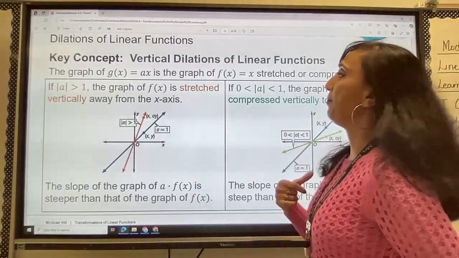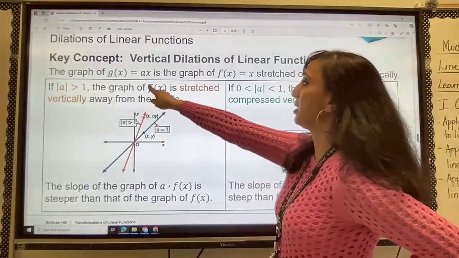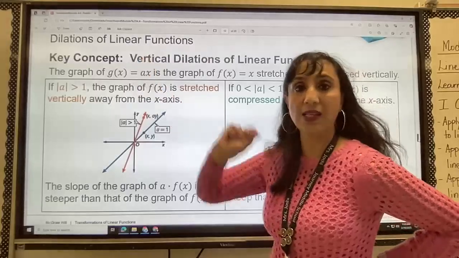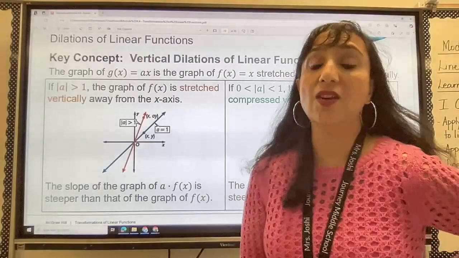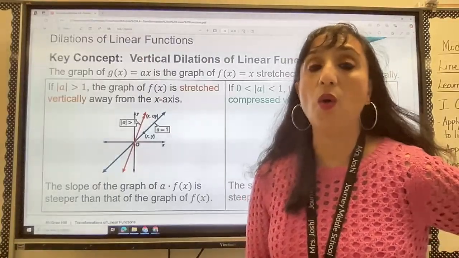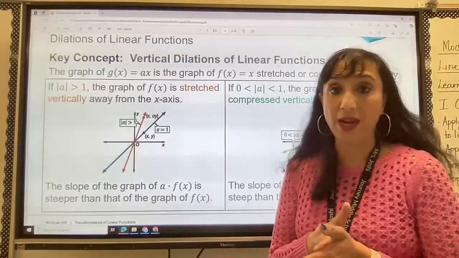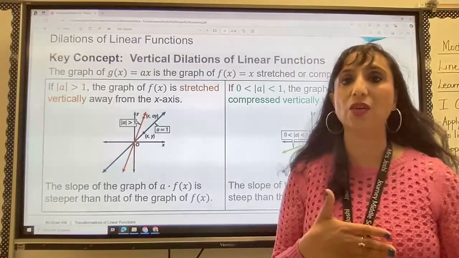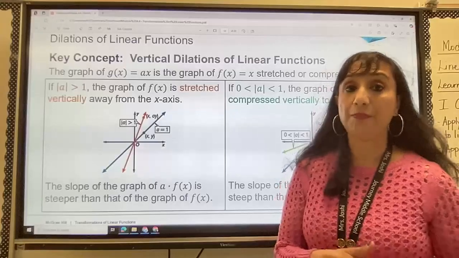So basically, what does it mean? We are multiplying x by a constant, and that a is either greater than 1 or it is going to be less than 1 but greater than 0. That tells you how it's going to be either stretched or compressed, okay?